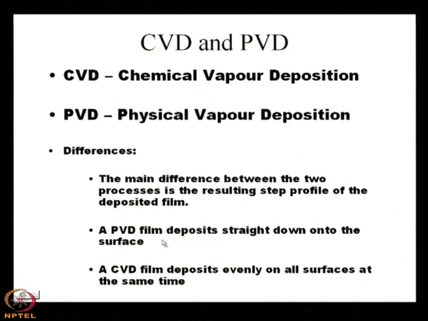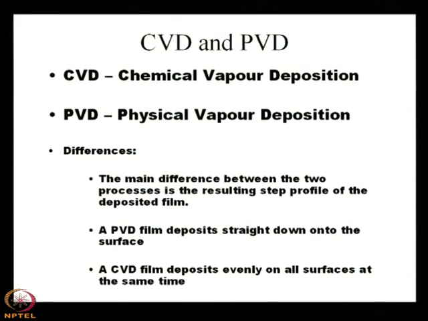A PVD film, that means physical vapor deposition film, deposits straight down onto the surface. A CVD film deposits evenly on all surfaces at the same time, because in CVD we are using the vapor. The whole reactor chamber is full of the vapor of the constituent chemicals.